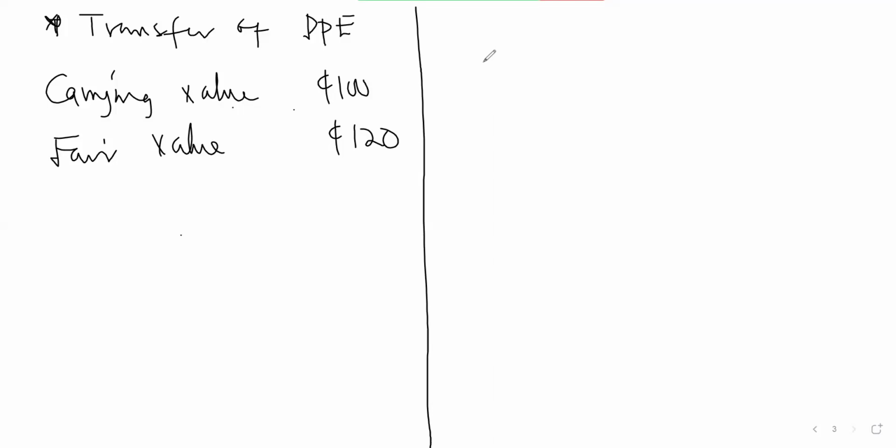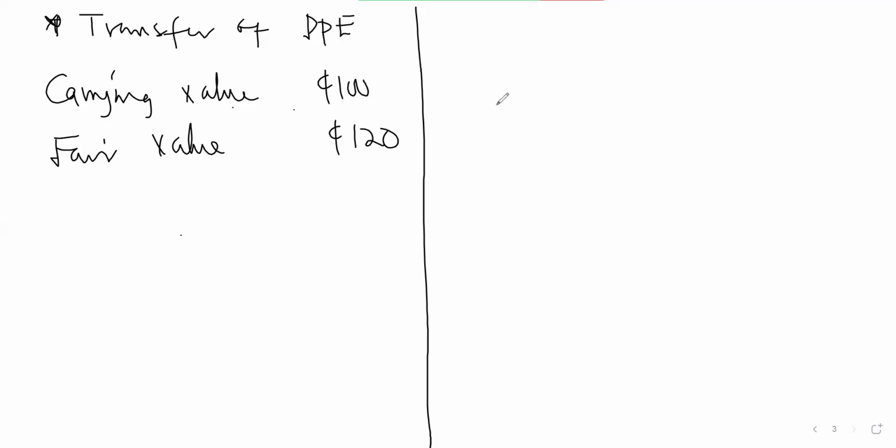So how much are we paying for the shares? If the land will be given to them at 120, how much are we paying for the shares? We are paying 120 million.